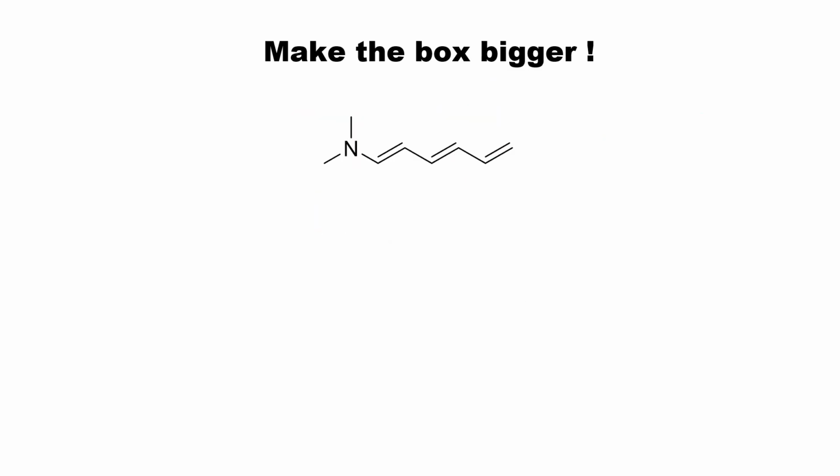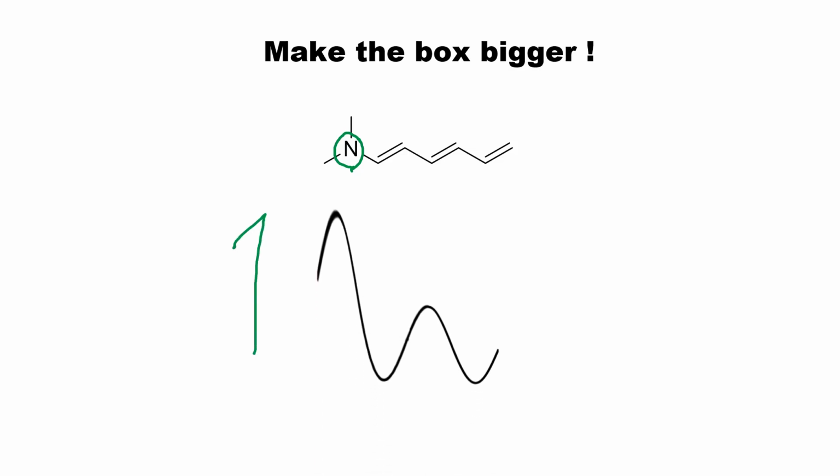Now here is one trick. Not only making the conjugation longer and longer, we can add an electron donating group here. Then practically this part is increasing the energy state, and the particle in a box, the size of the box, is becoming practically much bigger than before.